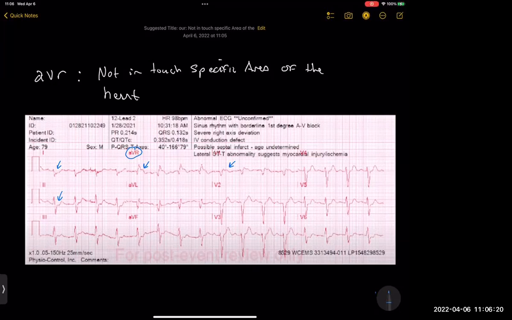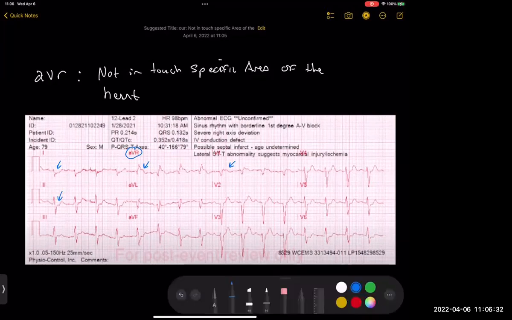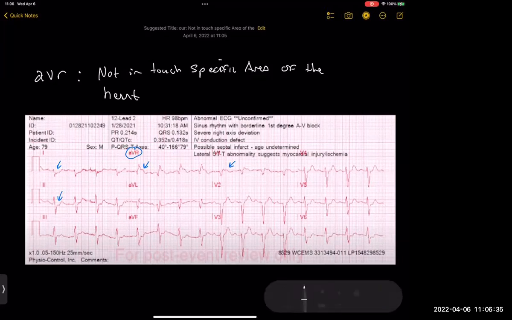So this is where AVR can actually play a very important role. All right. So going back to AVR, not in touch with any specific area of the heart, but what I want you to think about AVR is to look at AVR as kind of looking at the heart from a 30,000 foot view.